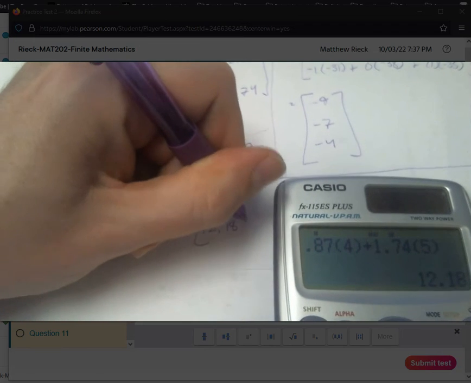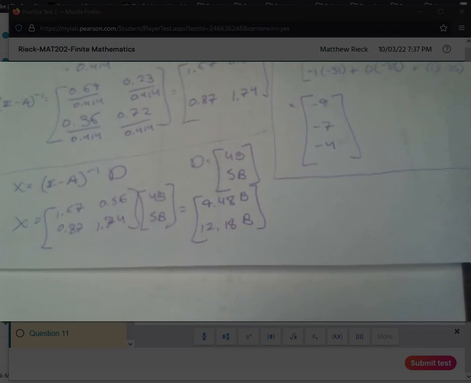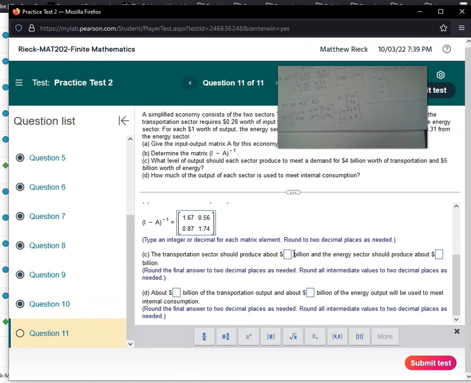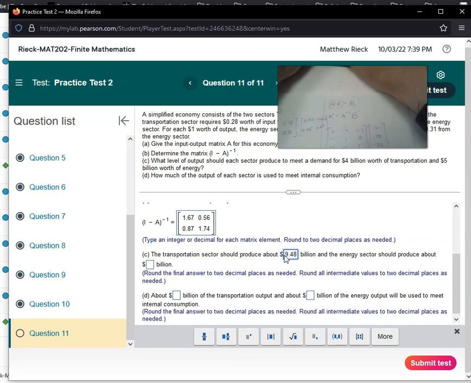And these are both in units of billions of dollars. The transportation sector should produce 9.48, and the energy sector should produce 12.18 billion.